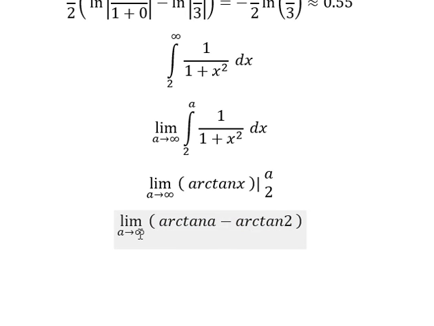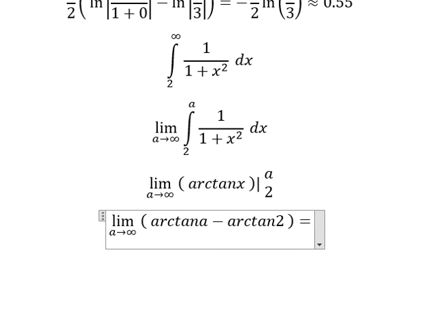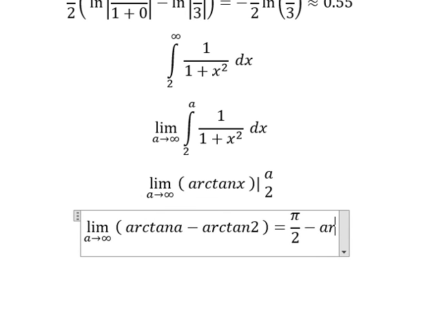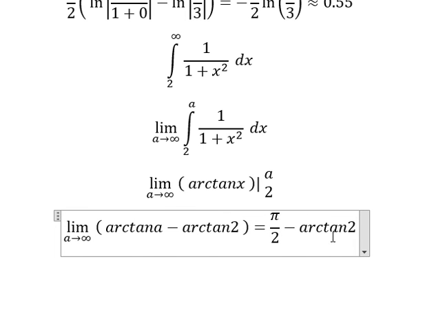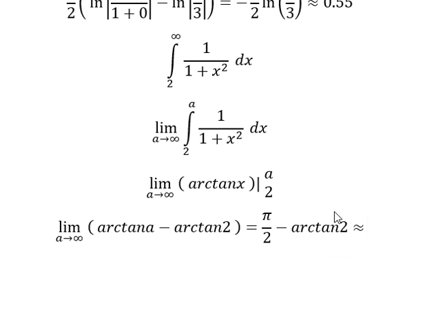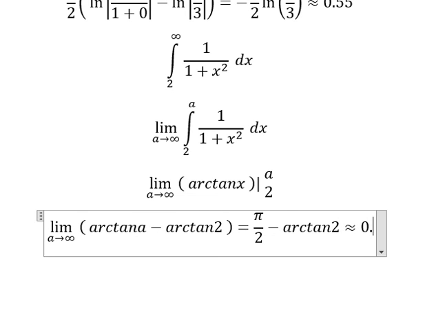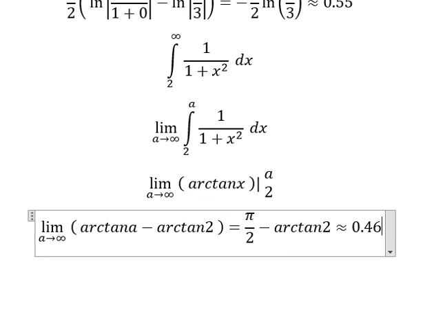So when a approaches positive infinity, this one will be b over 2. And this one approximates 0.46.